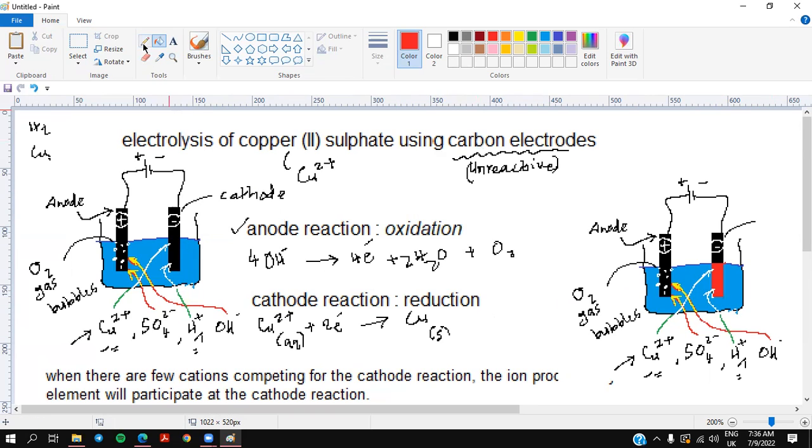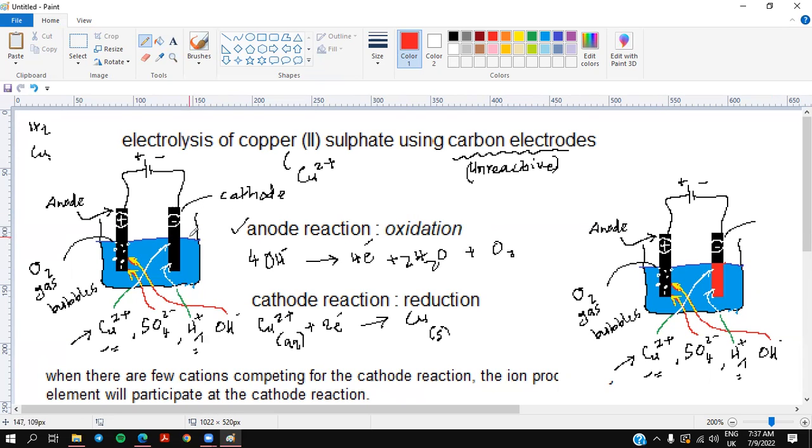Copper 2 plus ions get 2 electrons and become copper solid, which is the red copper metal. So this copper metal is going to deposit on the electrode below the level of the solution. Gas bubble formation at the anode happens as it is.